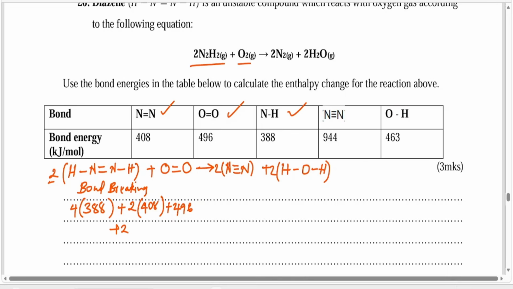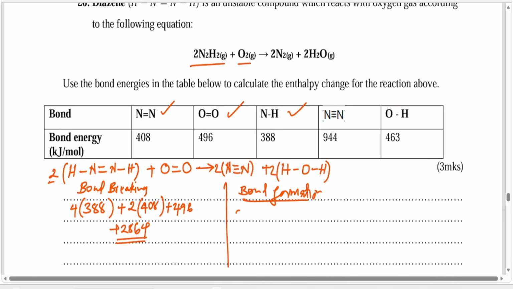Positive 2864. That is for the bond breaking. Then we move to the bond formation on the product side. On the side of bond formation, we have 2 nitrogen atoms.